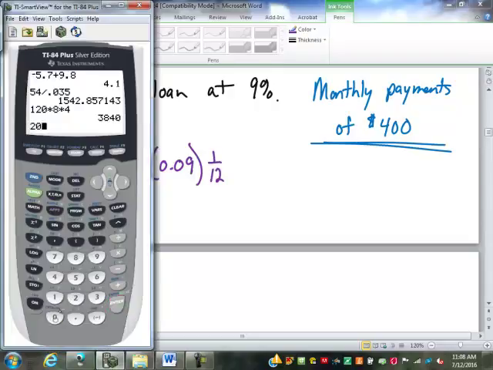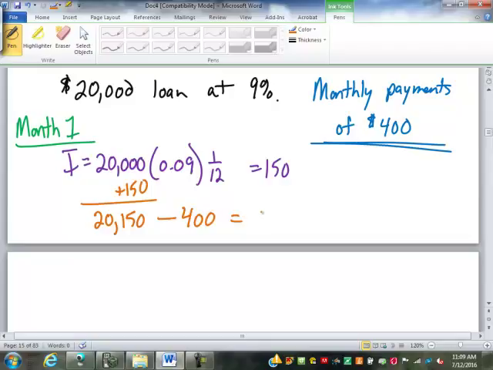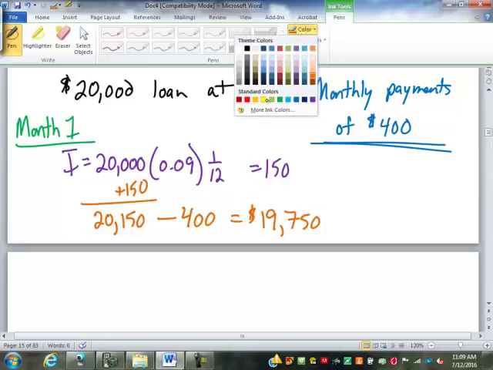So 20,000 times 9% times 1/12 is $150 in interest, correct? So they add in that interest of $150, then they subtract out your payment of $400. So your balance at the end of that first month is $19,750.